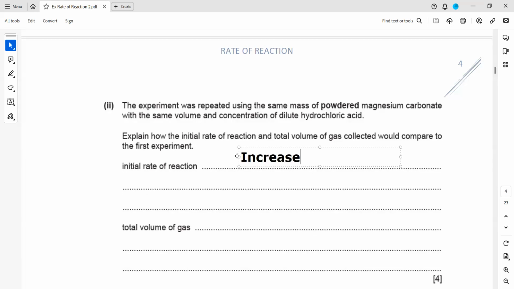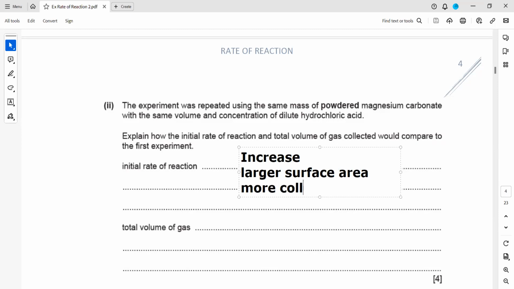And what happened? Because the powder will have a large surface area, there will be more collisions per second, or higher collision frequency. But what happened to the total volume of the gas? Total volume of the gas remains the same.